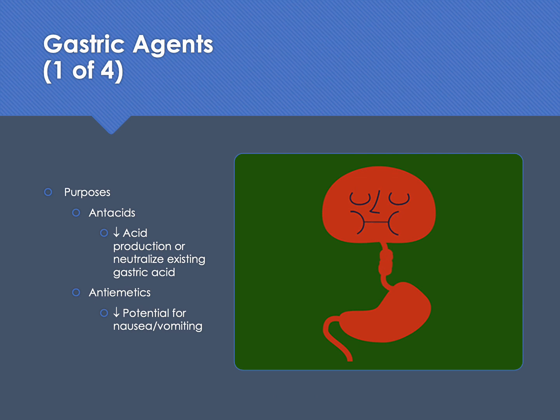Several medications can be given to those patients that are at high risk of aspirating, and we're going to discuss 4 different categories of gastric agents, and those are antacids, histamine receptor antagonists, proton pump inhibitors, and antiemetics and gastrokinetics.